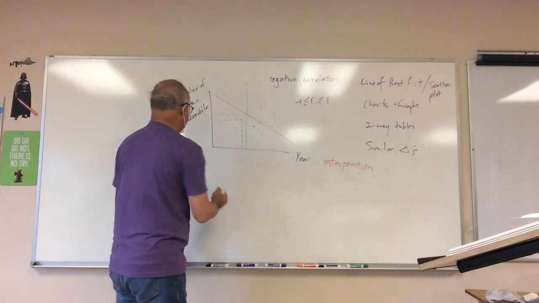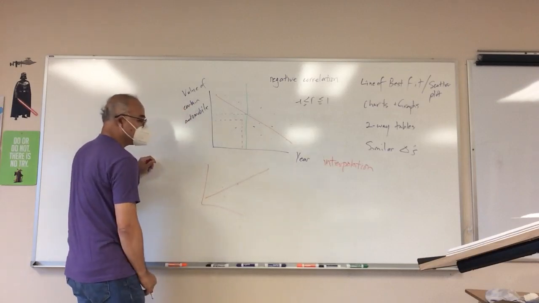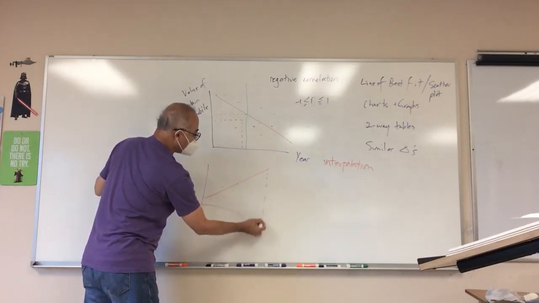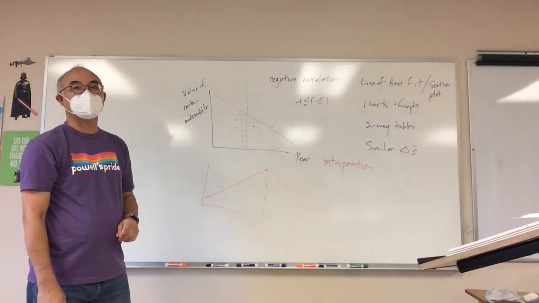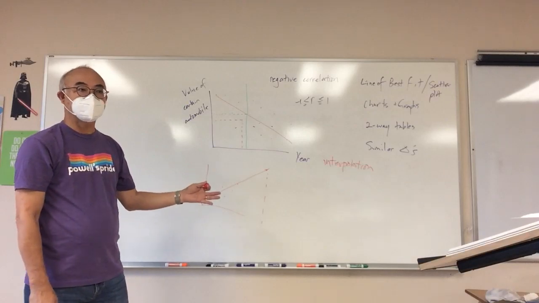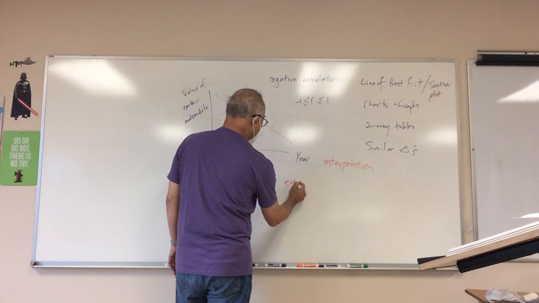Because if I had a scatter plot that looked like this, and my line of best fit looked like this, and I'm going to use this line of best fit to guess something that's way out here, odds are it's not going to be all that accurate. And this here is called extrapolation.